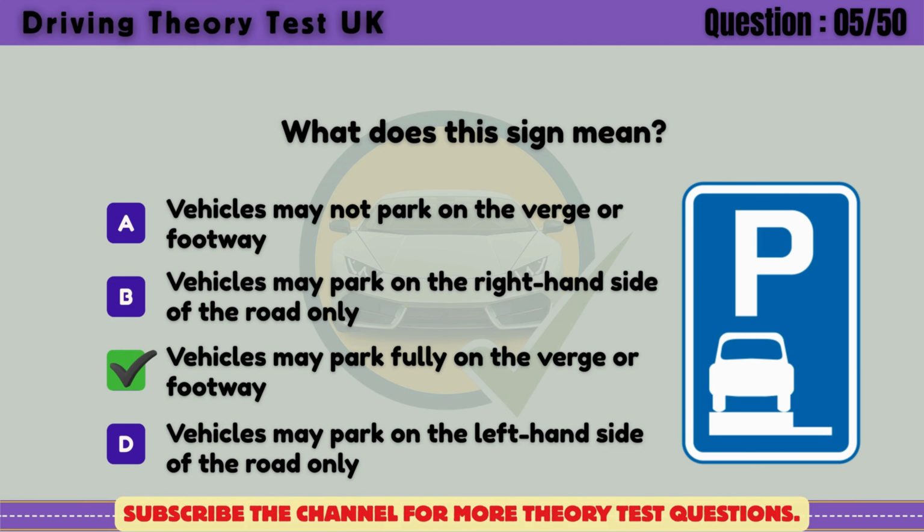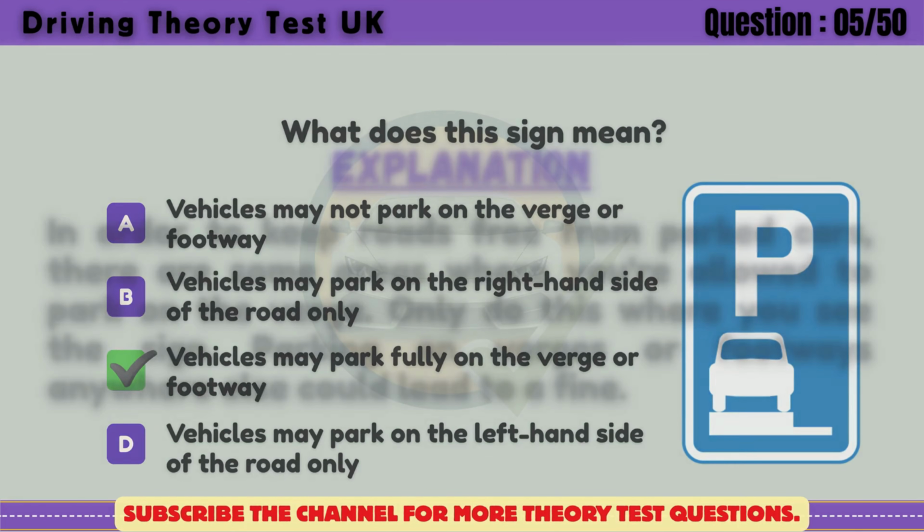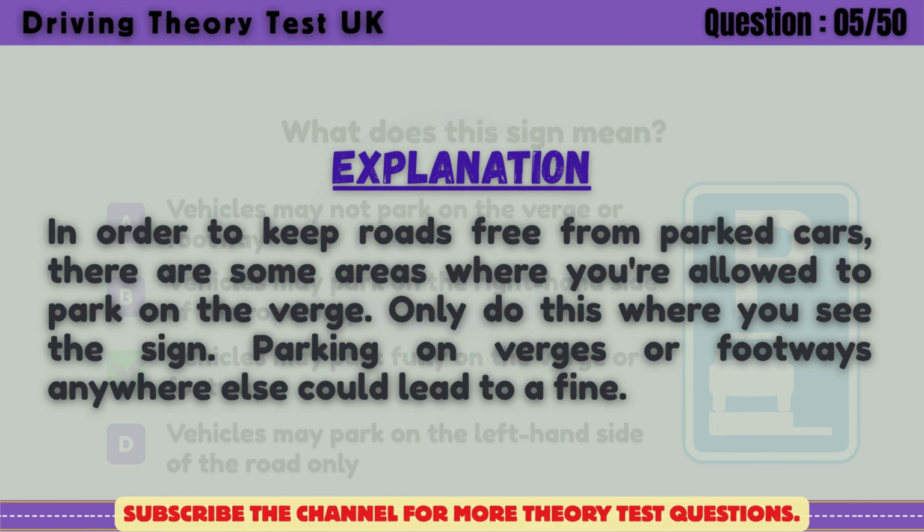Answer is C. Vehicles may park fully on the verge or footway. In order to keep roads free from parked cars, there are some areas where you're allowed to park on the verge. Only do this where you see the sign. Parking on verges or footways anywhere else could lead to a fine.